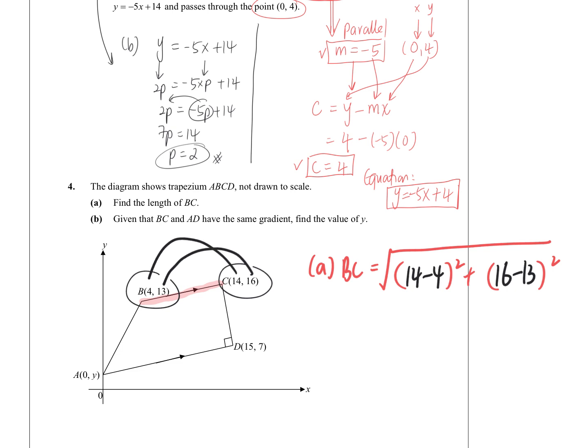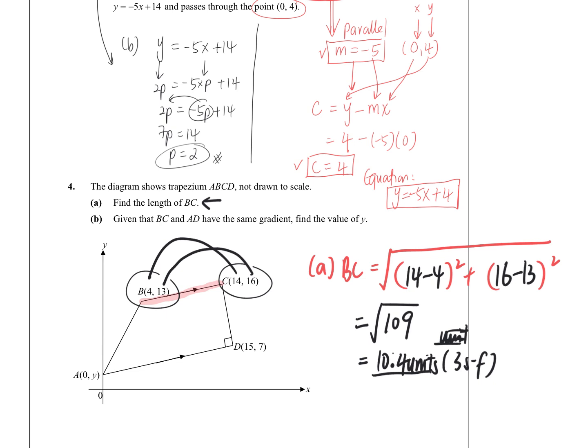Okay, 14 minus 4. So go and calculate. You get 109. But because this question says find the length, you cannot leave it this way as the final answer. Press the calculator. What is the 3SF answer? 104.4. Okay, units.